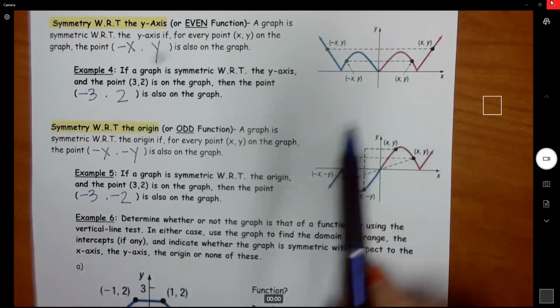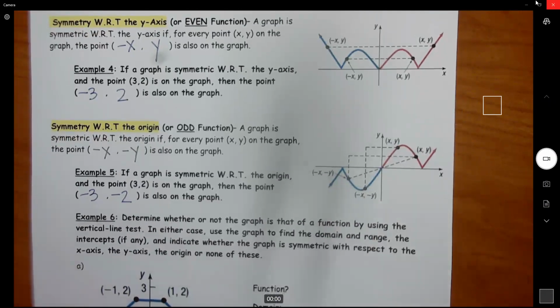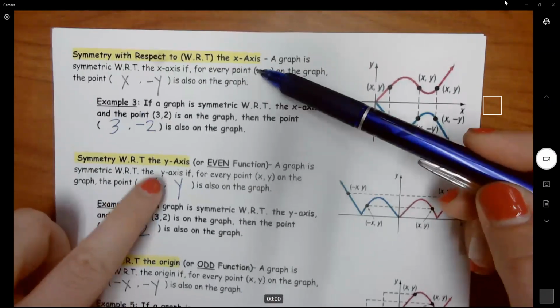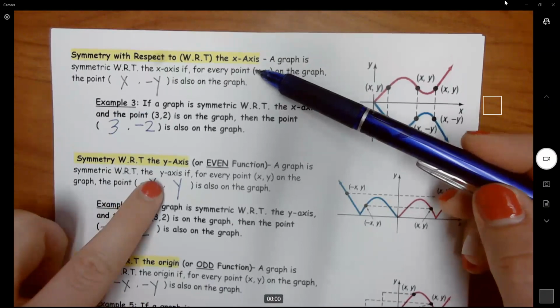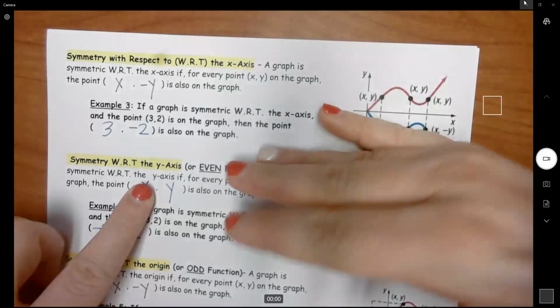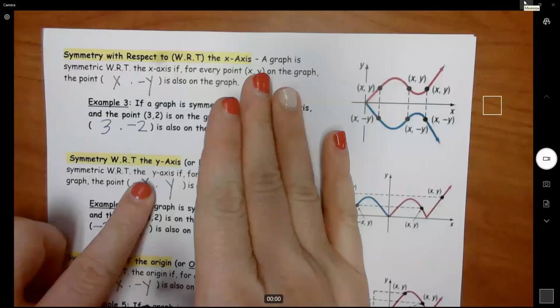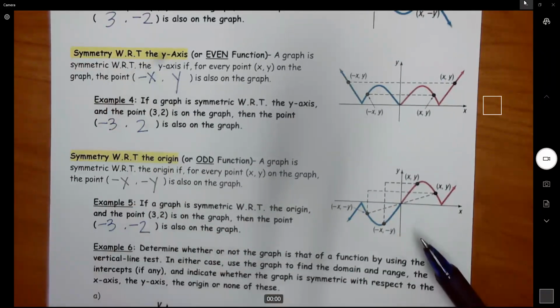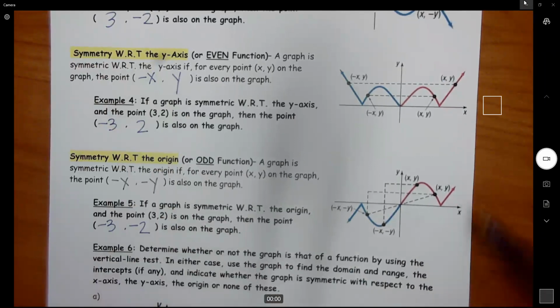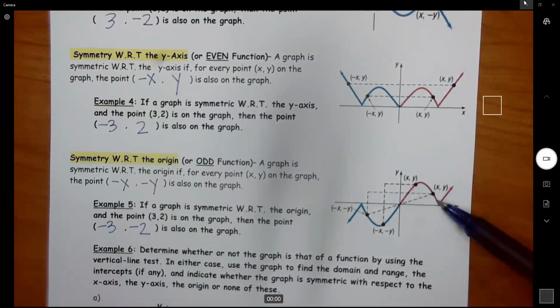And again, I forgot to explain this picture, so let me go back again. These are a lot easier to see because you can see them reflecting, right? This one's reflecting over the x, this one's reflecting over the y. You've got the mirror images of each other. When you have something over the origin, it rotates 180 degrees. So you can see this pink portion of the graph right here.